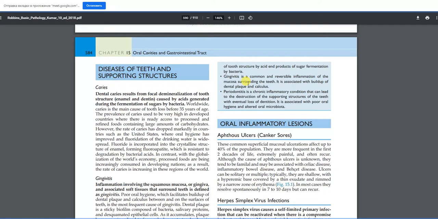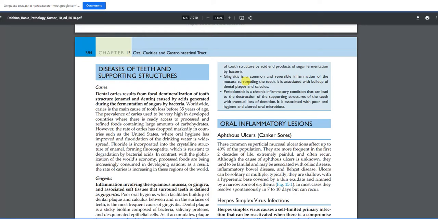But if caries perforates the dentin and reaches the pulp, then we have a permanent inflammation in the pulp, and permanent inflammation in the pulp of course causes a very hard pain. This bacteria can spread along the nerve fibers, and it causes neuritis, inflammation outside of the oral cavity.